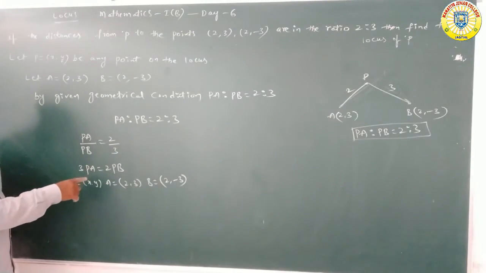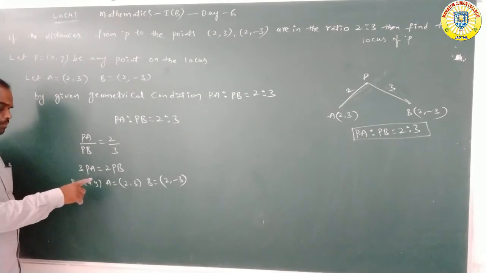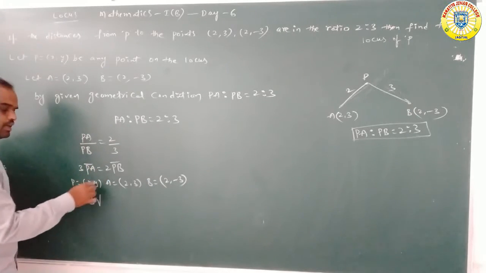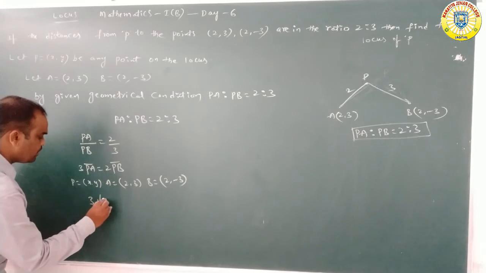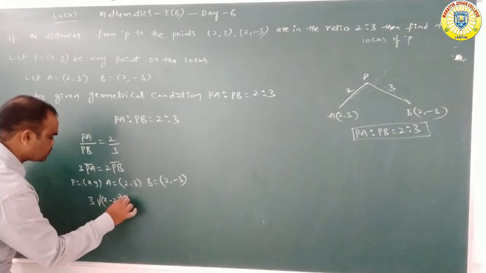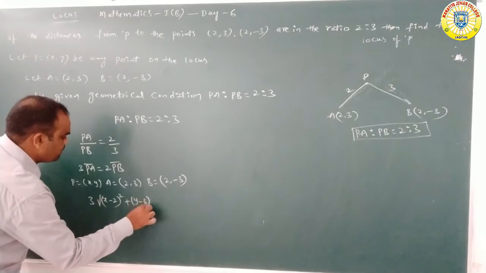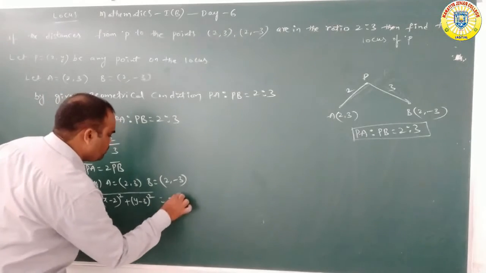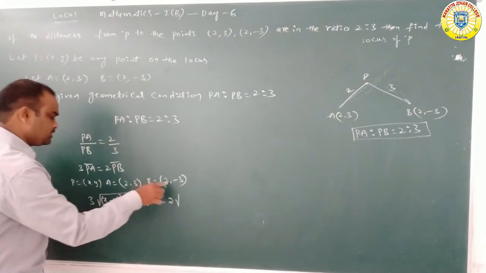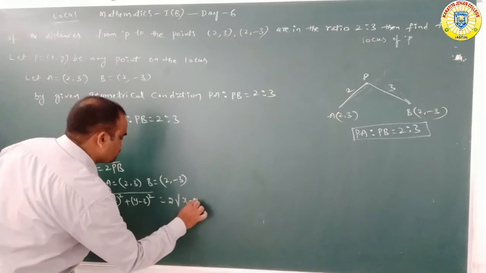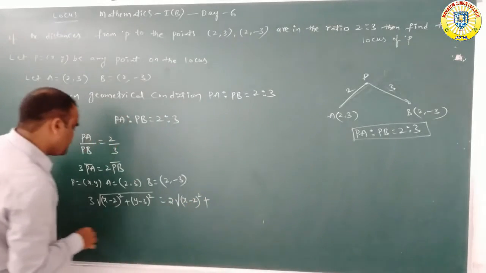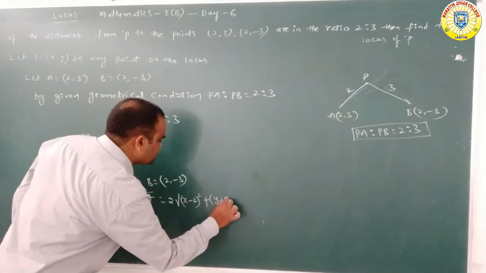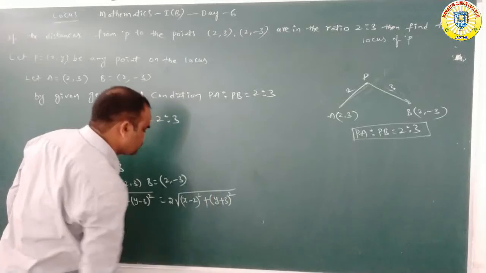So 3 into PA. Taking the square root of the distance between the two points P and A: 3 times the square root of (x minus 2) whole square plus (y minus 3) whole square is equal to 2 times the square root of (x minus 2) whole square plus (y minus (minus 3)), that is (y plus 3) whole square.